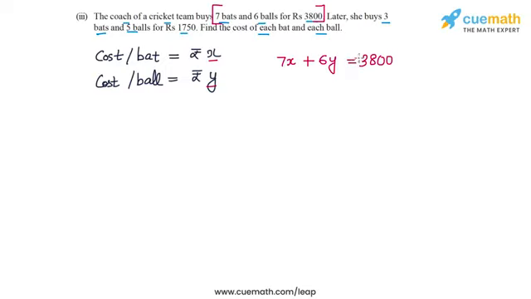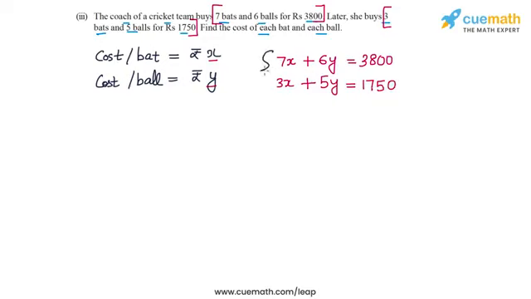So this is the first equation that we get. And now the second piece of information we have is 3 bats and 5 balls for 1,750 rupees. So 3 bats will cost 3x rupees, 5 balls will cost 5y rupees, and their total should be equal to 1,750. So this is the second equation in x and y.